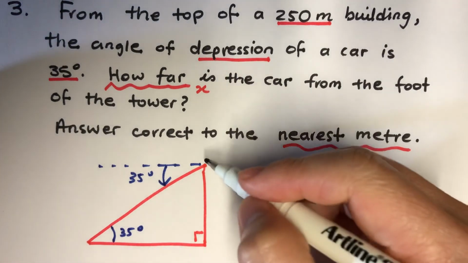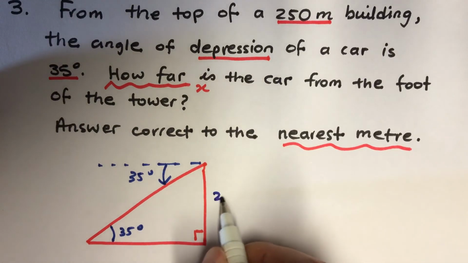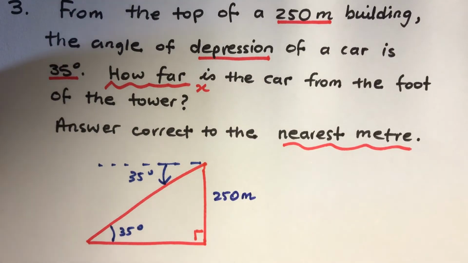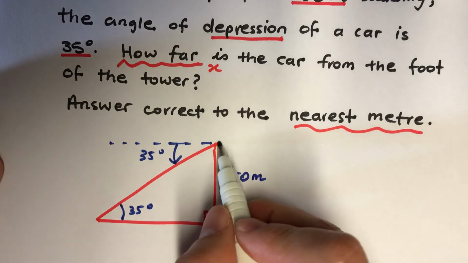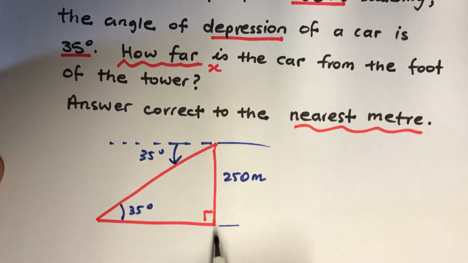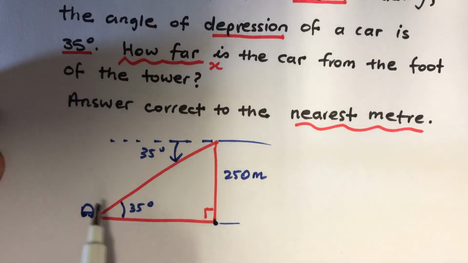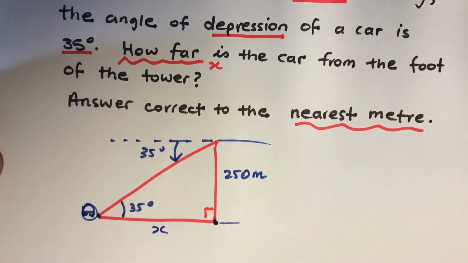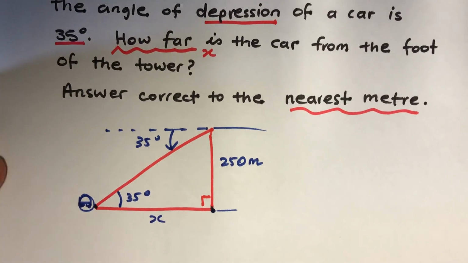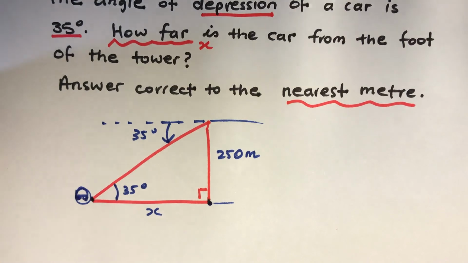And the height of the building was 250 meters. And the foot of the building to the car, I'm going to draw a cute little car there. It's not very nice. Anyway, that's the car here and the foot of the building, and that's what we are looking for, x.